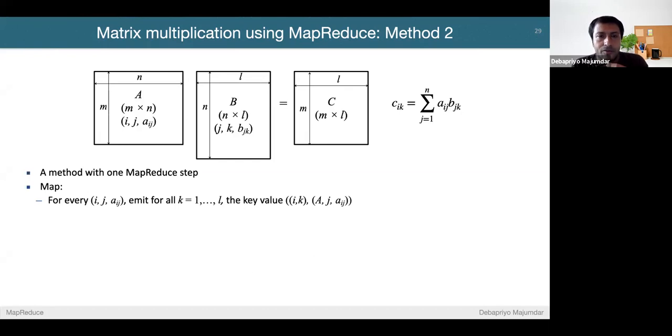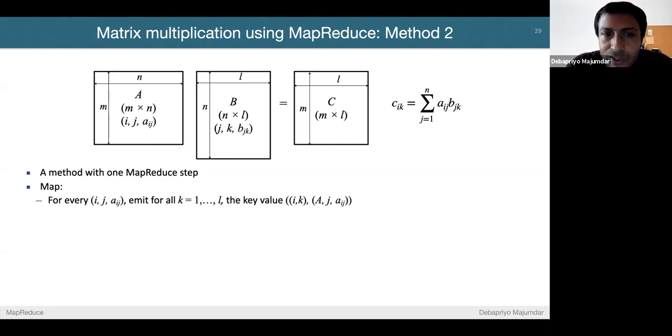So what we do is we guess, not like an uncertain guess, we guess with certainty, that for every element of matrix A or table A, and for all possible values of k equal to 1 to L, we generate key value Ik, comma, Aij.